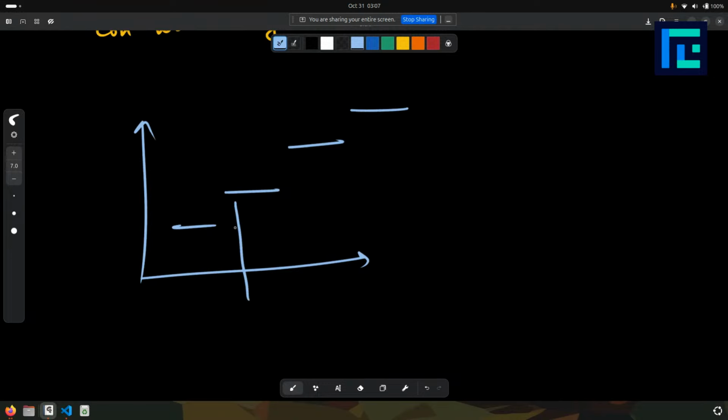There are two possible options. We can either buy a small cheap item and move from here to here, or we could buy an expensive item and go from here to here.